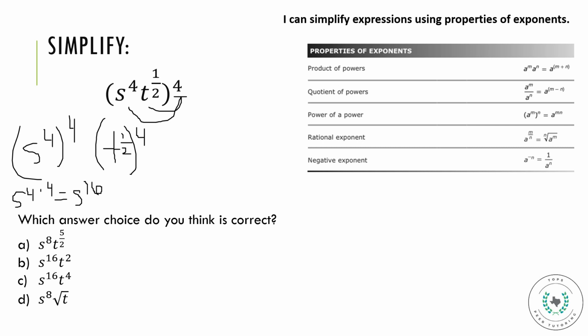And this t turns into t half times 4, or 4 divided by 2, to give you t squared. Slap those two values together and you get a final answer of s to the power of 16, t to the power of 2, or in this case, answer choice B.